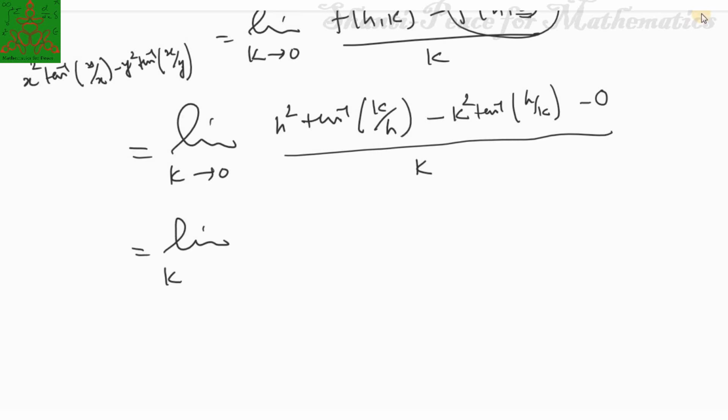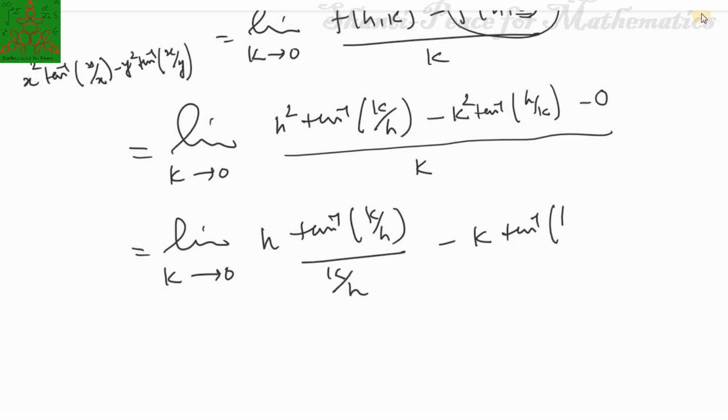This will be limit k tends to 0. We can write this as h into tan inverse of k by h upon k by h, minus k tan inverse of h by k. Here again I have divided by the same thing, dividing by k with this term and with this term.